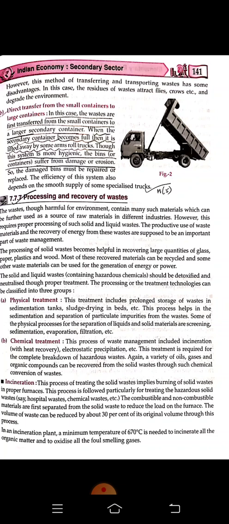In an incineration plant, a minimum temperature of 670 degrees centigrade is needed to incinerate all the organic matter and to oxidize all the foul smell gases.